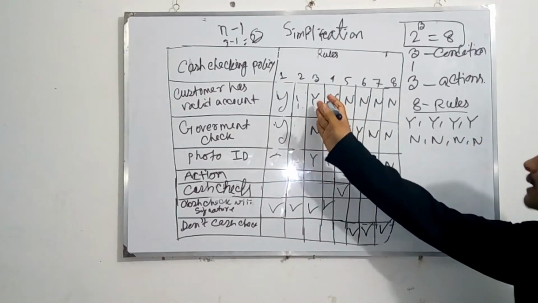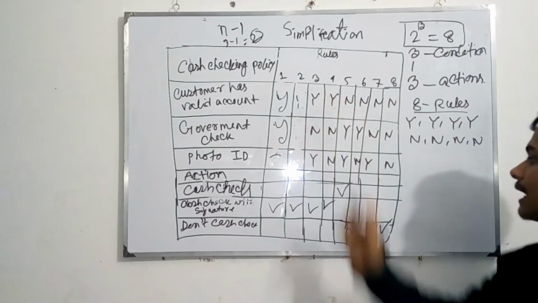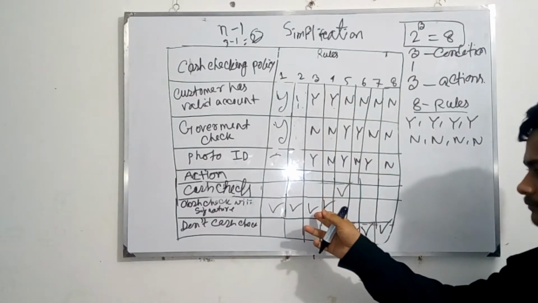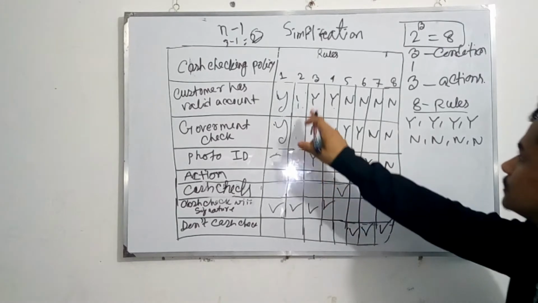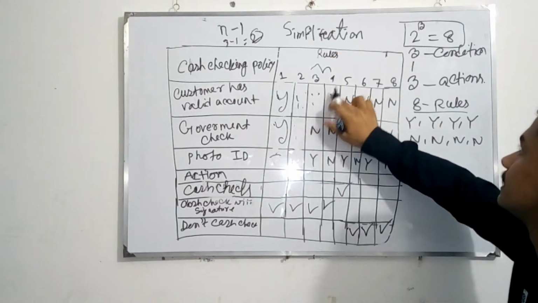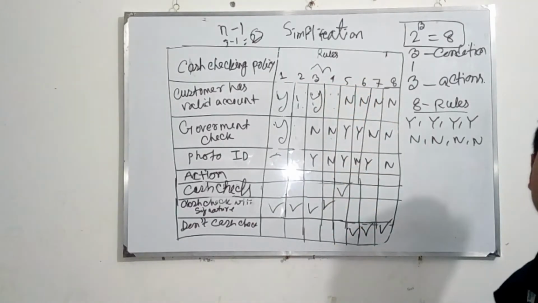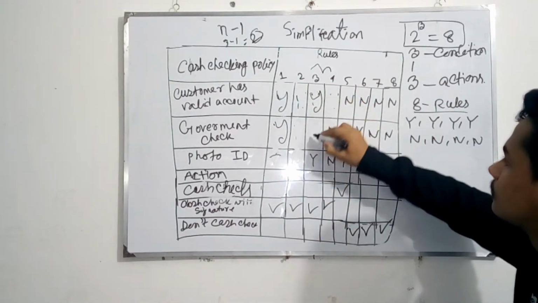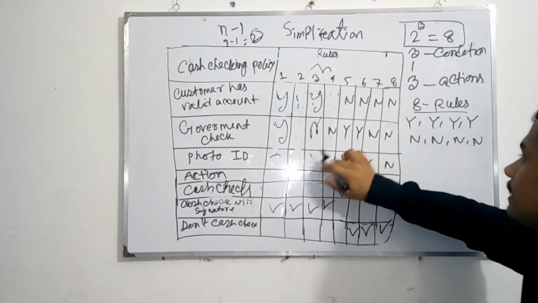Again, here the two combinations are the same, and they are also in the same actions, so we can merge 3 and 4. So we can write yes, no, and doesn't matter.